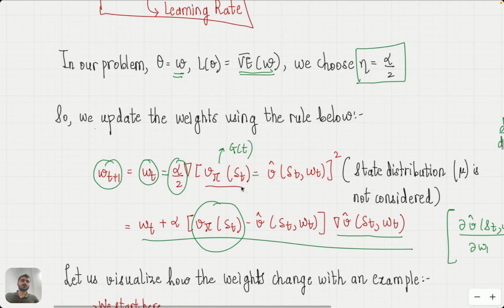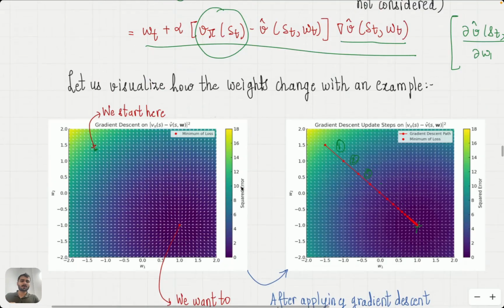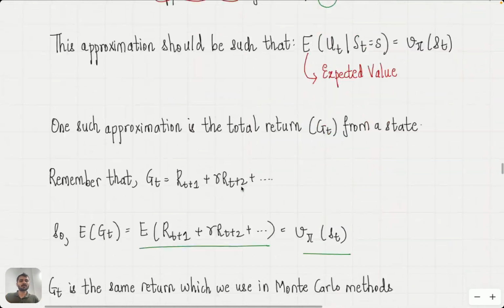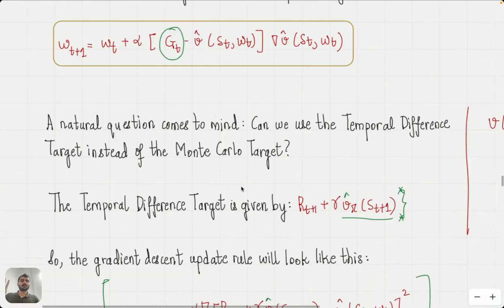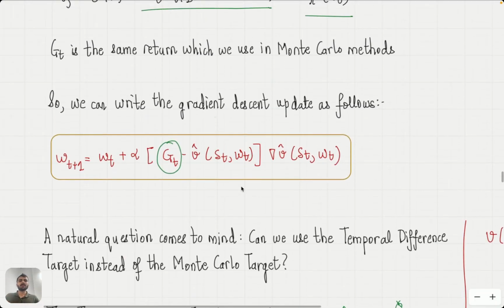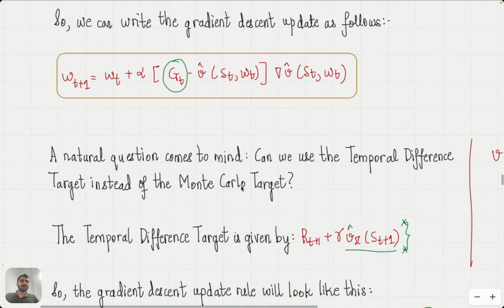We looked at how to solve this problem. We replaced the true value function by an approximation whose expected value is the true value function. There are two such approximations. One is the Monte-Carlo return, and the second is the temporal difference return. With the Monte-Carlo return, we can use the exact same formulation because it does not depend on the value function or the weights. But the temporal difference target involves a value function estimate itself, which depends on the weights.